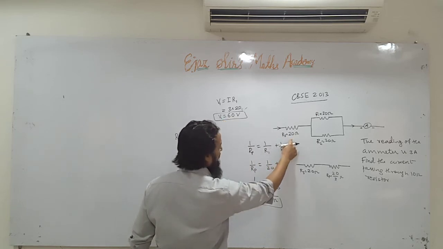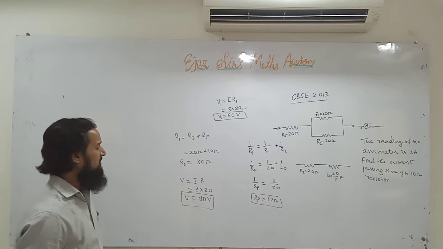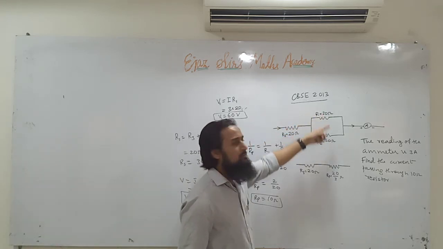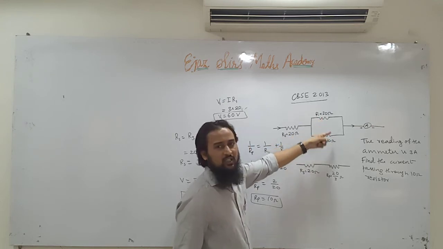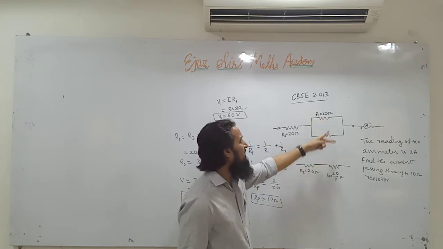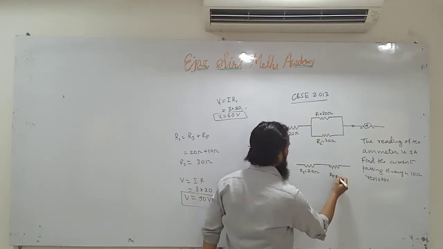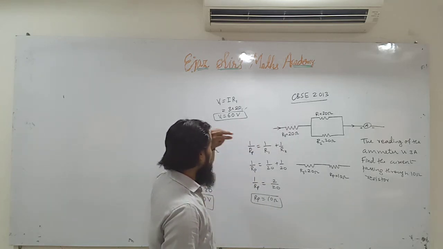V1, 60 volt is spent here and 30 volt will be spent there. Are you following the explanation? See, these two are connected in parallel. How much will they give us? 20 are connected in parallel, so we will get 10 ohms. Here we will get Rp is equal to 10 ohm. Understood?